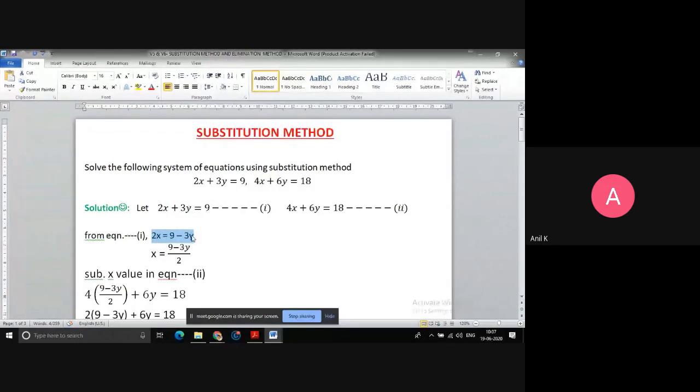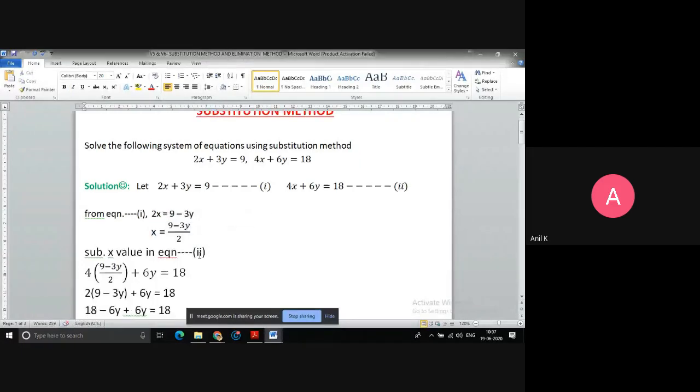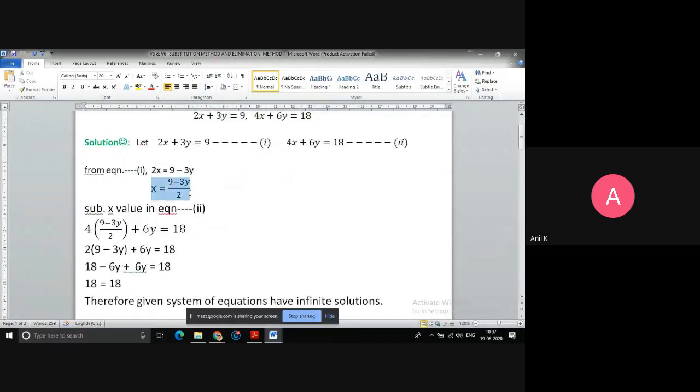In this step, I just transposed this plus 3y, which is on the left of the equality, to the right of the equality. Now if I want the x value, this 2 is multiplication, so the 2 will go to this side as the denominator. x equals 9 minus 3y upon 2. So this is what I got from equation number 1.